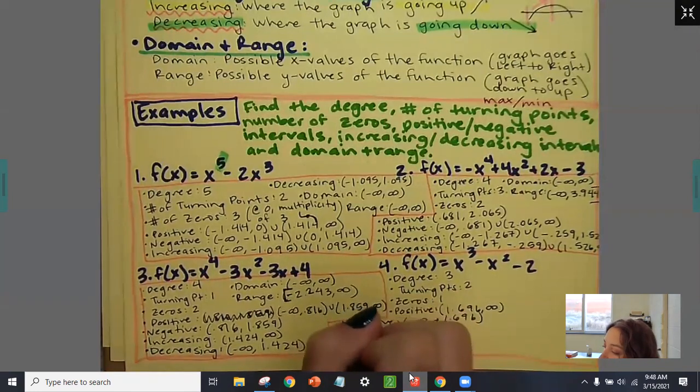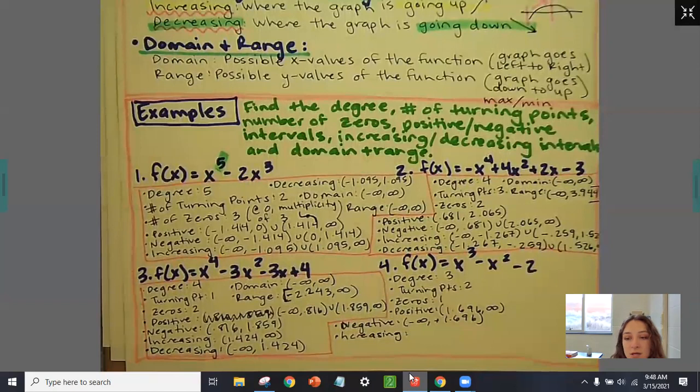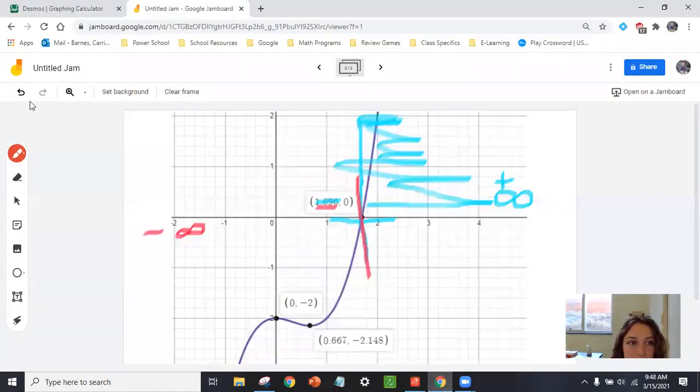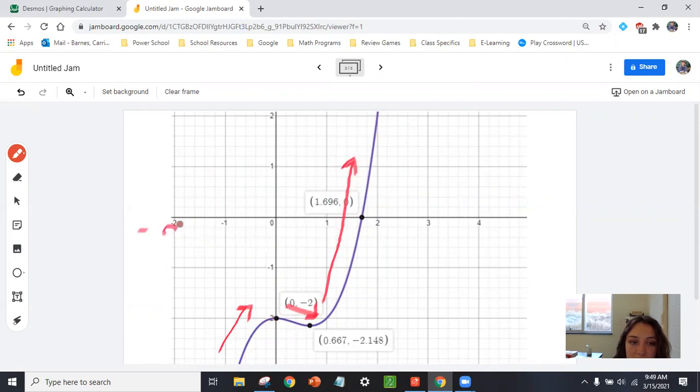Now I want to look at the increasing and decreasing. All right, so let's start with increasing. We can see that this graph goes increasing, decreasing, and then increasing here. So we have two increasing intervals. That's from negative infinity until this point right here, which is actually at 0.